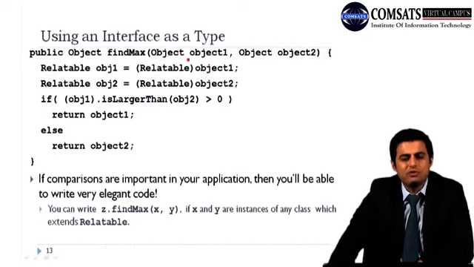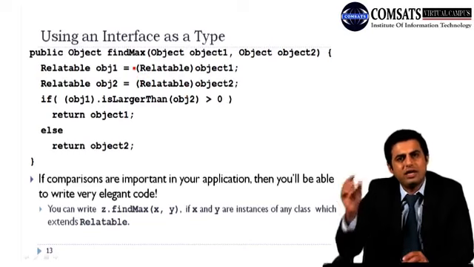Now this object one is of Object type, but when you assign it to a Relatable type, you have to typecast it to a Relatable variable. This process is called typecasting. If you have not studied it before, I would recommend you Google what typecasting is. Typecasting can be done with any data types.